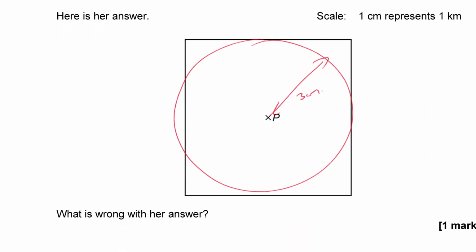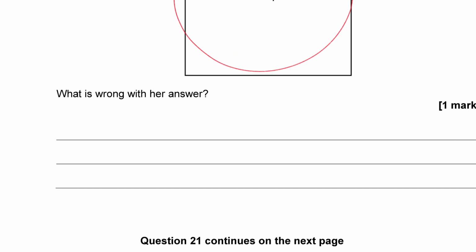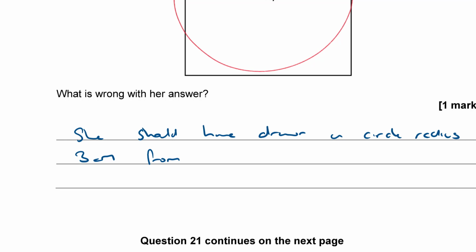So it's not a square, it should be a circle. So she should have drawn a circle radius 3 centimetres from P.